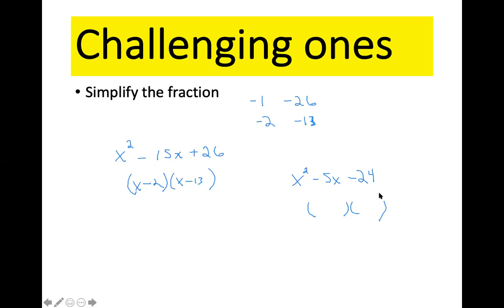Negative 8 and 3. So let's see if that works. Minus 8 and a positive 3. That would give me a negative 24. That would give me negative 8x, and that would give me a positive 3x, and those two added together would be negative 5x. Good job.